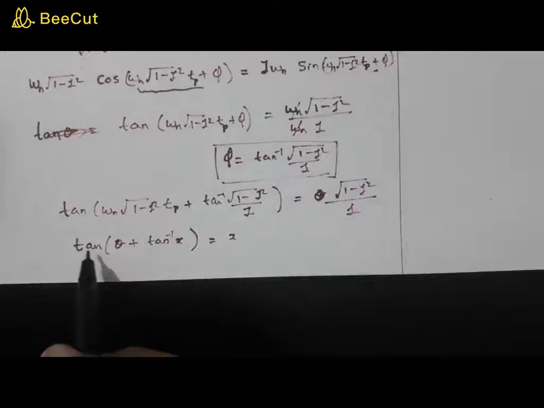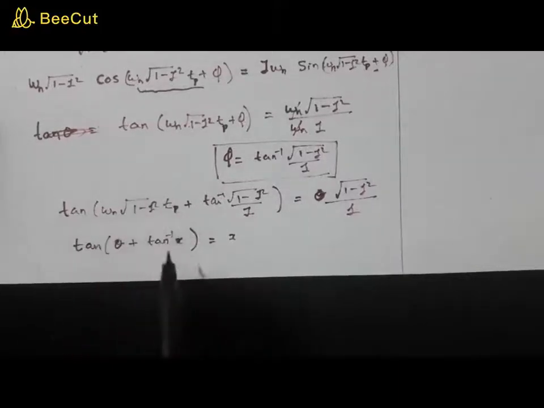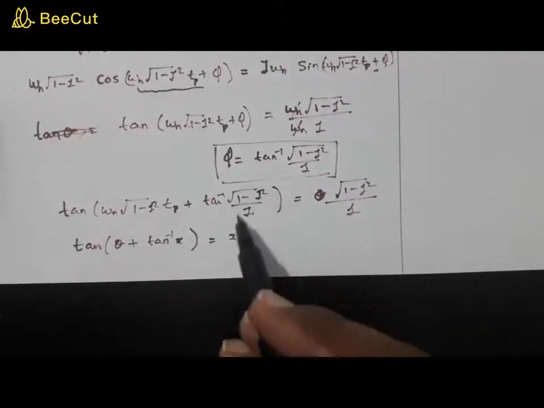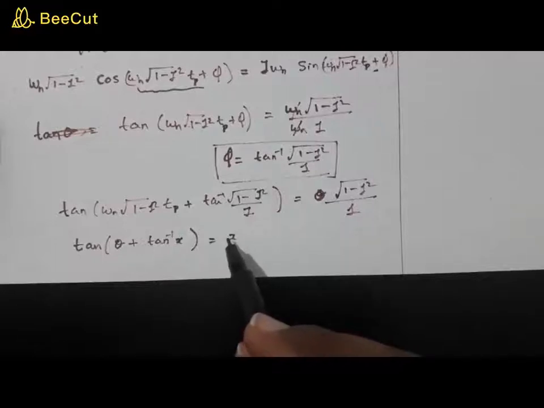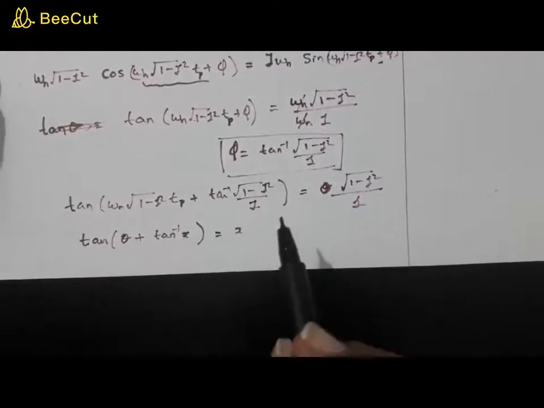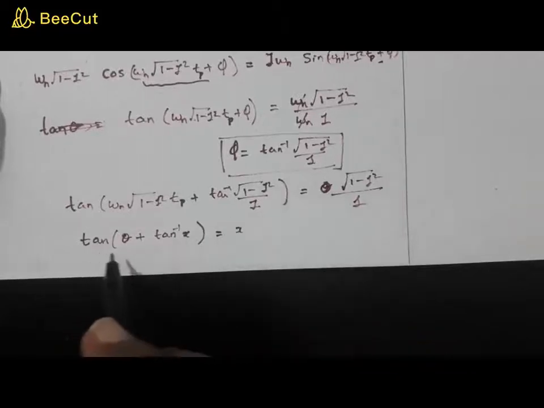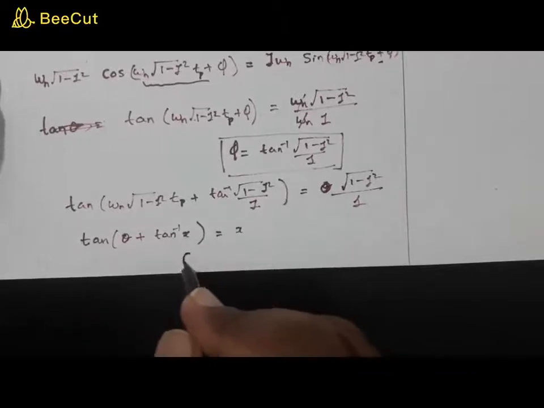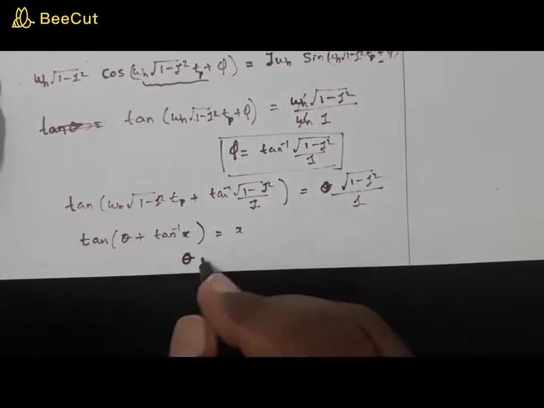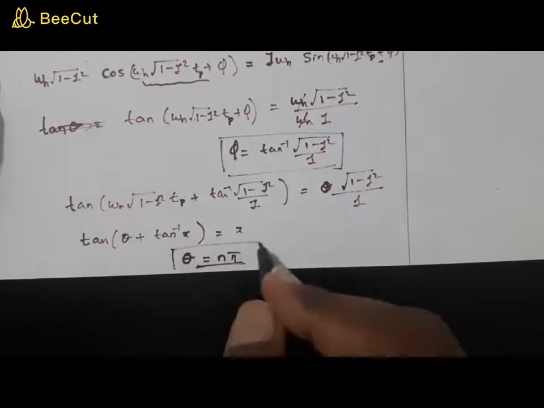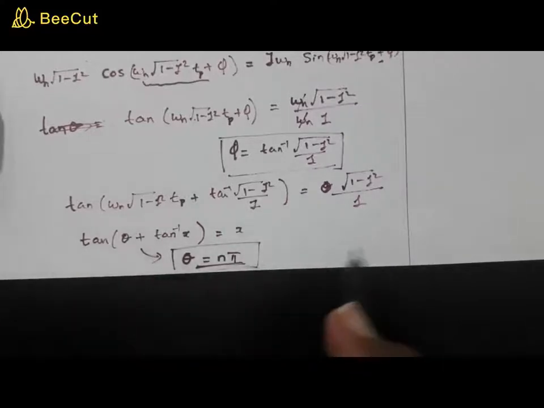Here theta is omega n root of 1 minus zeta squared t_p, and I am calling root of 1 minus zeta squared by zeta as x. So this is a trigonometric equation. If this is the case, then the solution for this, that is the value of theta, will be n pi. This is the solution for this equation.